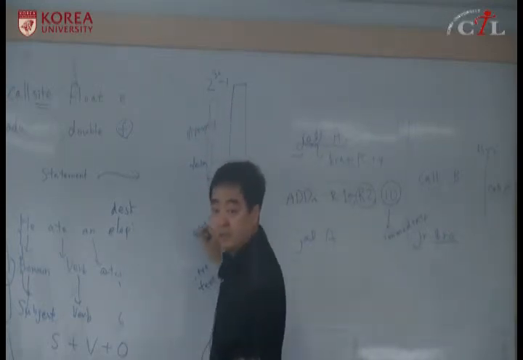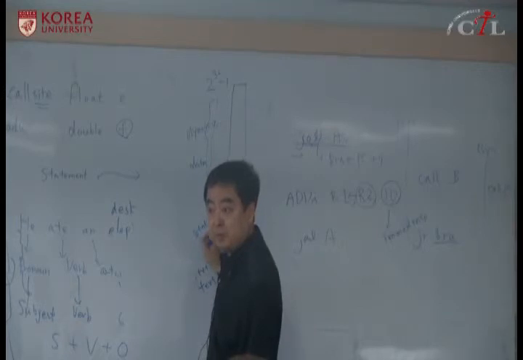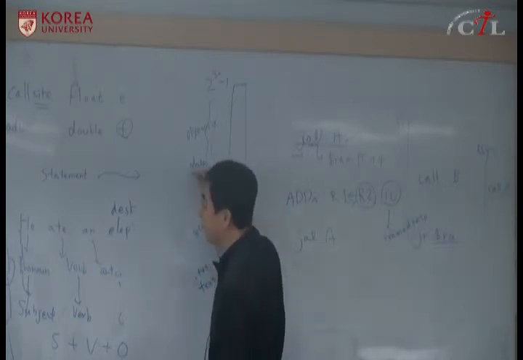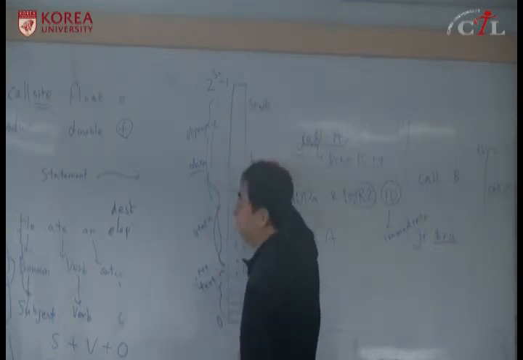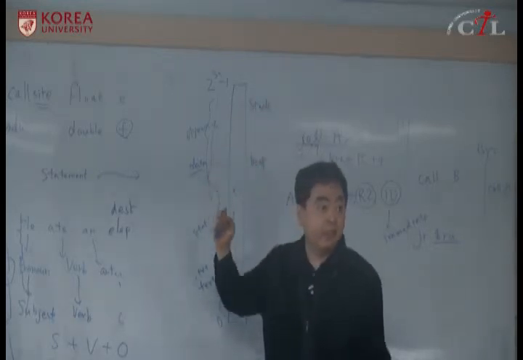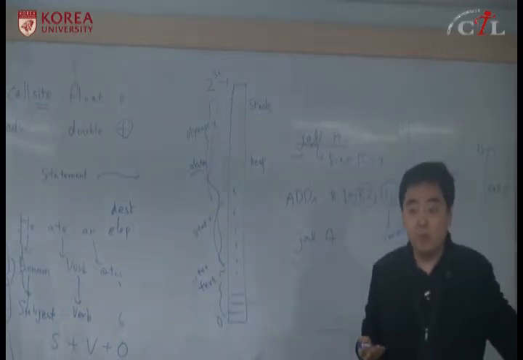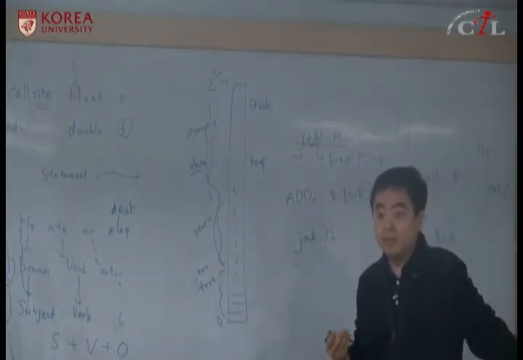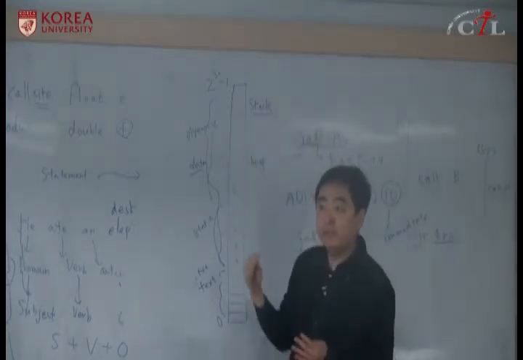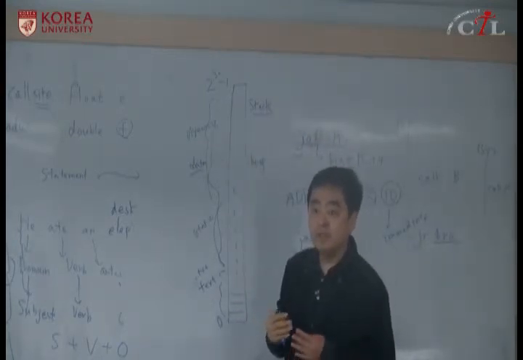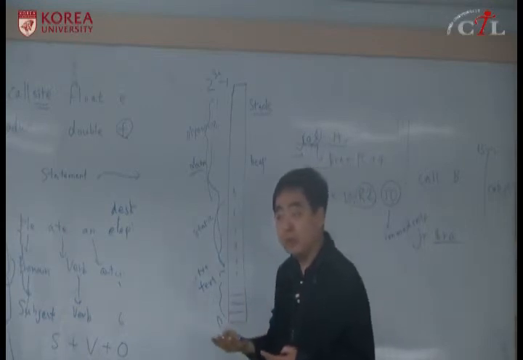Static data are all global variables, or all the variables declared as static integer, and so on. Dynamic data are classified into stack and heap. Heaps are data allocated by malloc or free, right? Dynamically allocated. Stacks are all the variables defined inside a function that are declared whenever you do a function call.